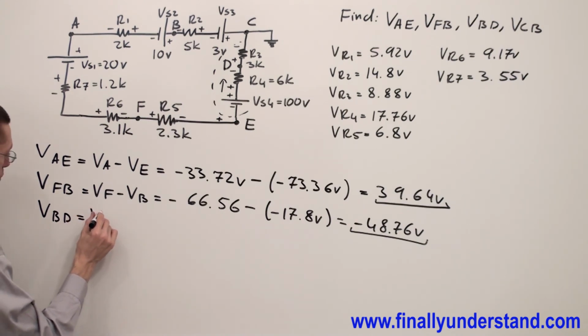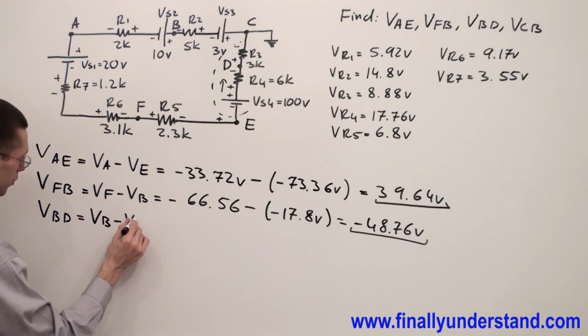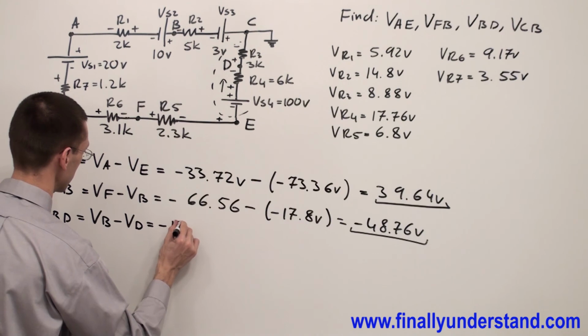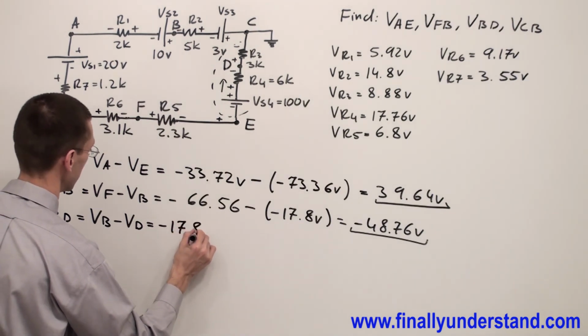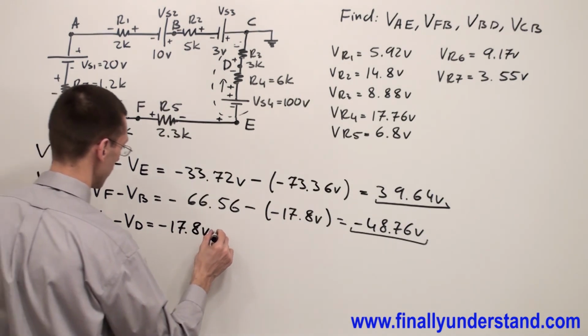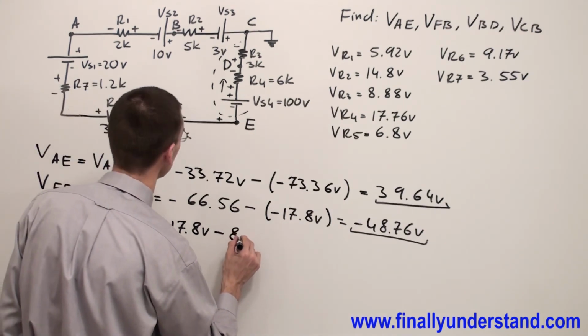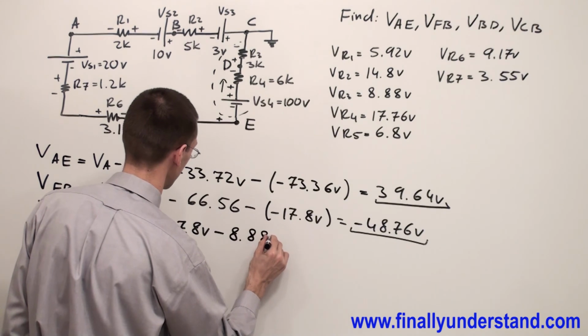Next voltage, we're supposed to find VBD. VBD is VB minus VD, where VB equals negative 17.8 volts, minus VD, 8.88 volts.